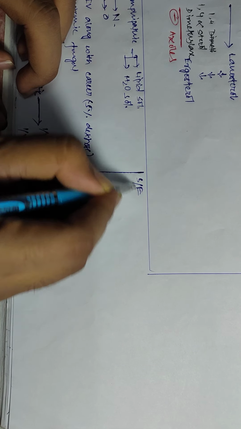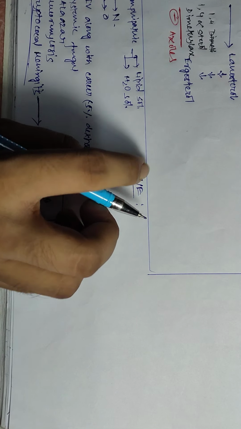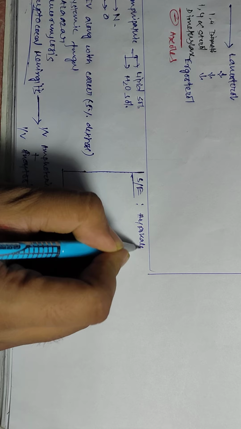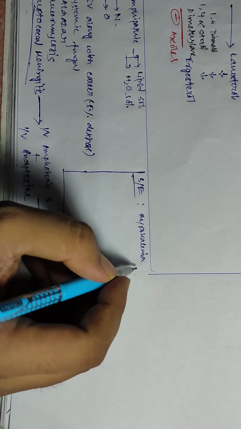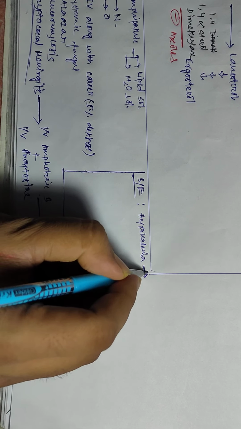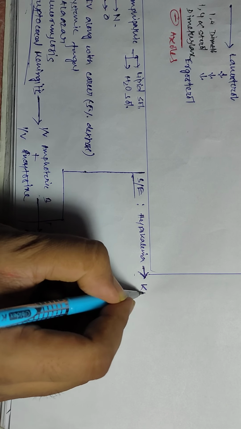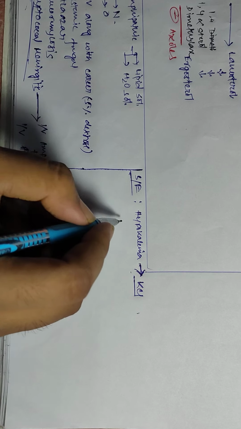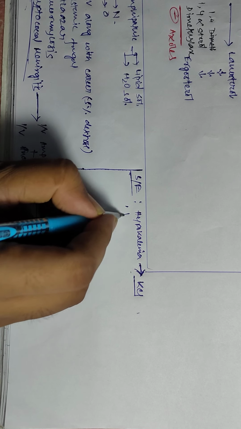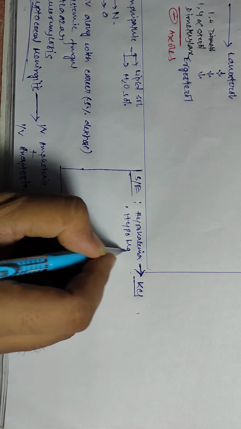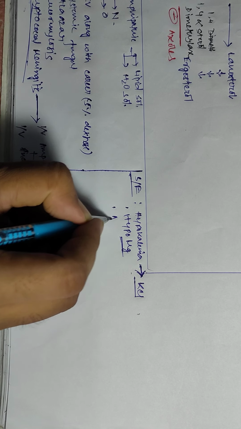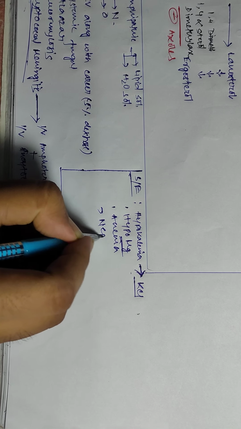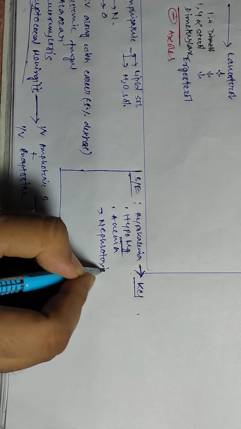Now the side effects of amphotericin B include hypokalemia, right? So for hypokalemia we give potassium chloride to prevent it. Another is hypomagnesemia, anemia, and nephrotoxicity.